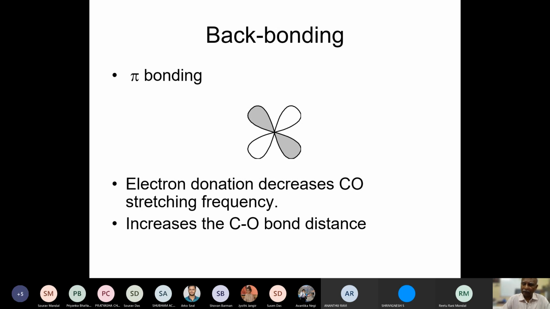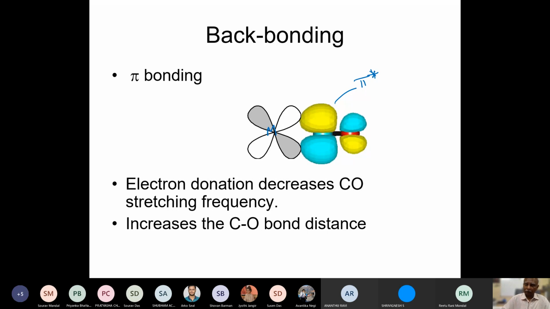On the other hand, you can also have pi bonding, and the pi bonding is between the metal T2G set of orbitals and the ligand. I have drawn it in the other direction, sorry. So this is the metal, and this is the pi star orbital.